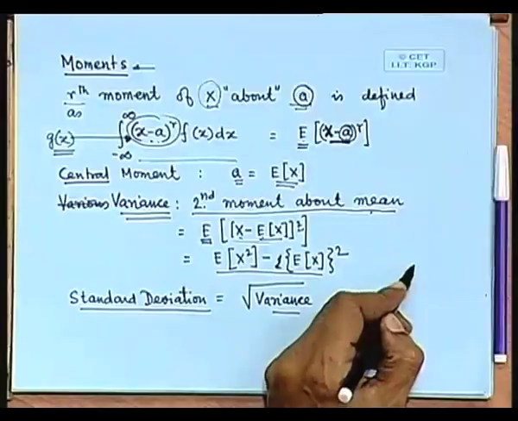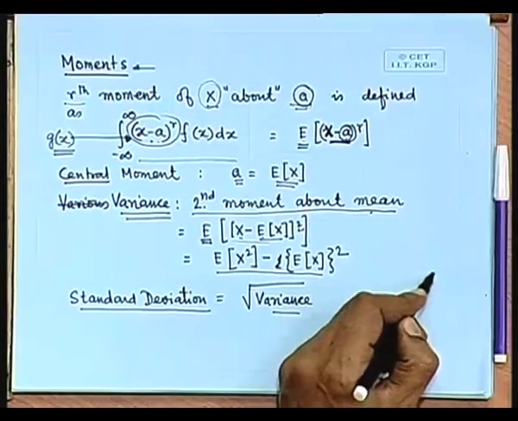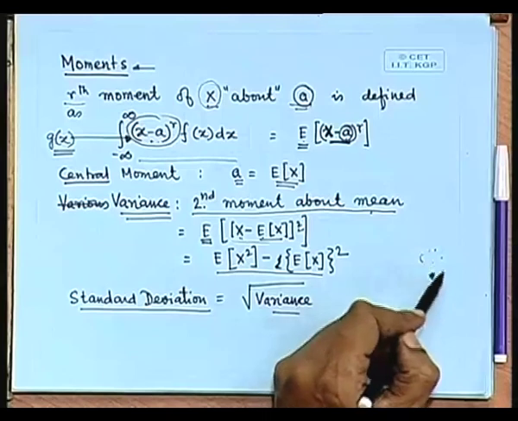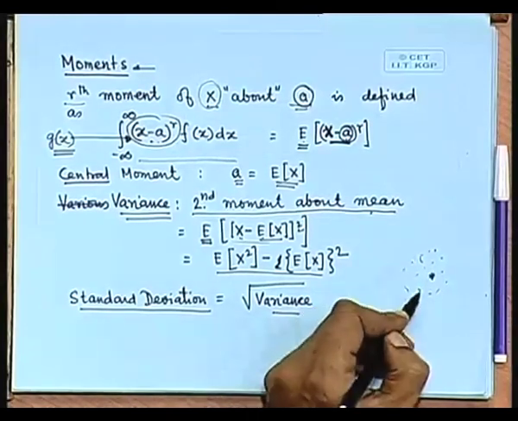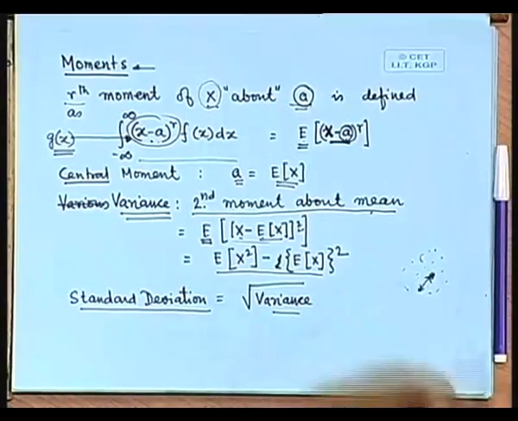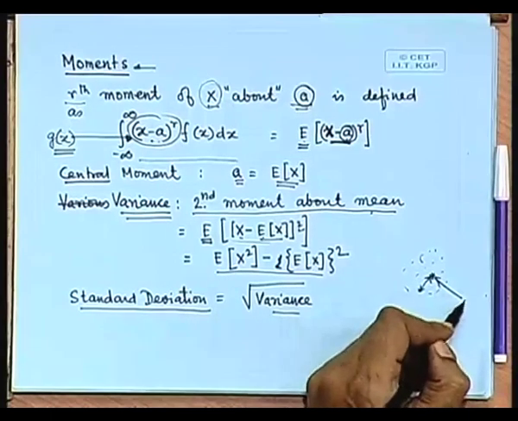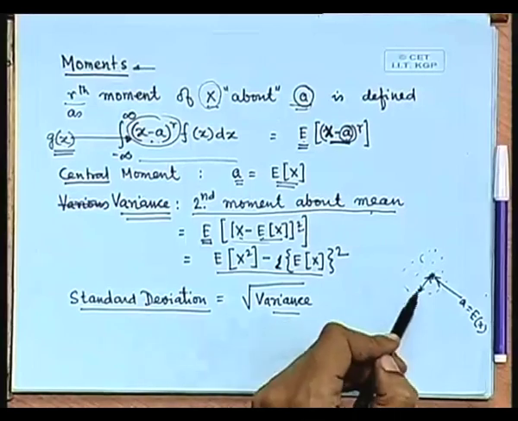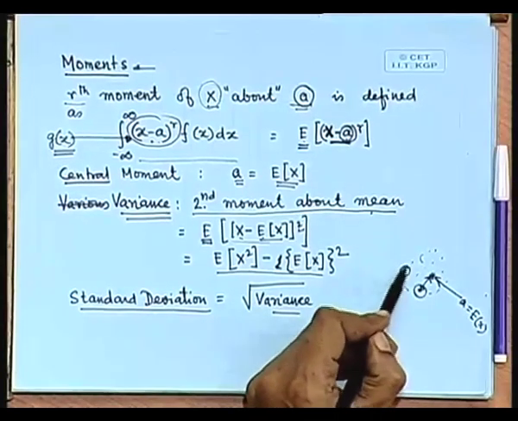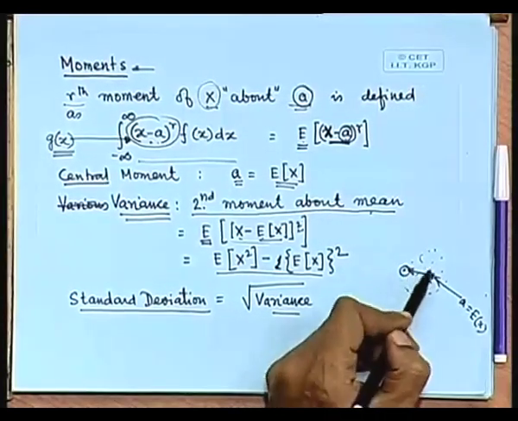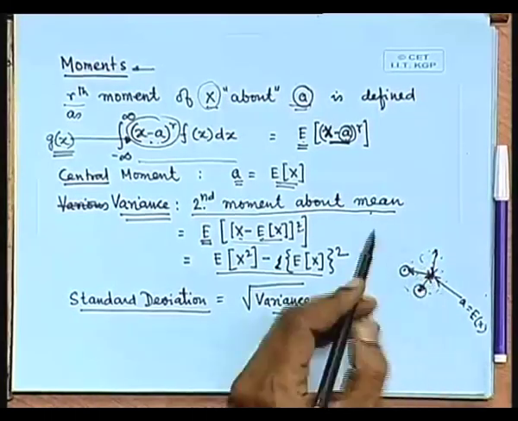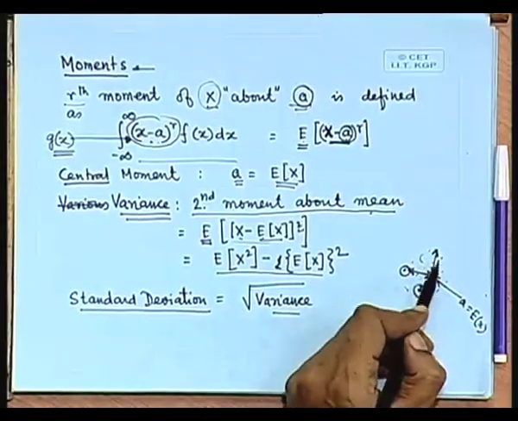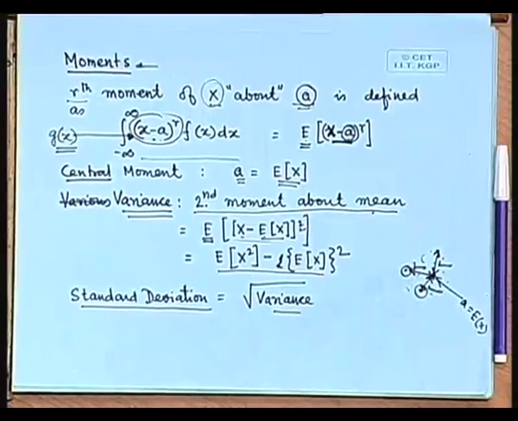So, it has an expected value somewhere and it takes values around it. For every value that x takes, there is x minus a, where a equals expectation of x, a dispersion, a distance. We are just trying to find the expected value of these distances.